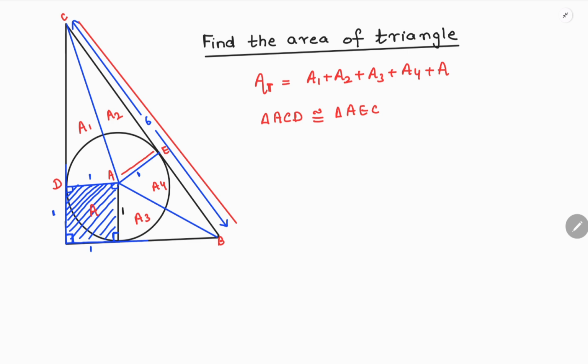Why are they congruent? Because this side is equal to this side, and this side is common. CE is a tangent on this circle and CD is also a tangent on the circle from the same point C, so CD is equal to CE. By the side rule, these two triangles are congruent.